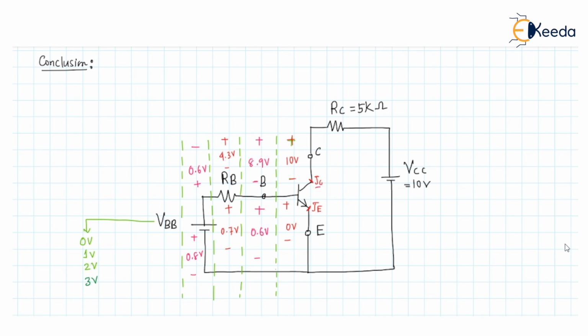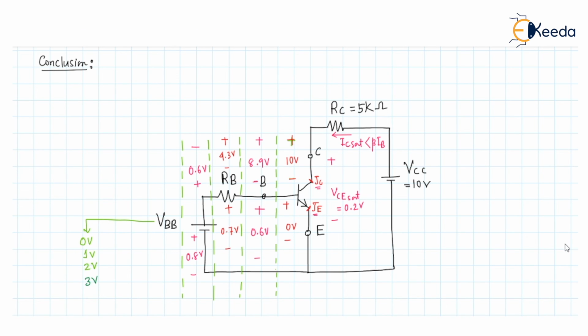That's why the JC junction is now forward bias and the JE junction is also forward bias, so it is in saturation. And at saturation, this VCE potential was minimum, that is 0.2 volt, and in saturation the IC current was flowing, and this IC current was less than beta into IB.